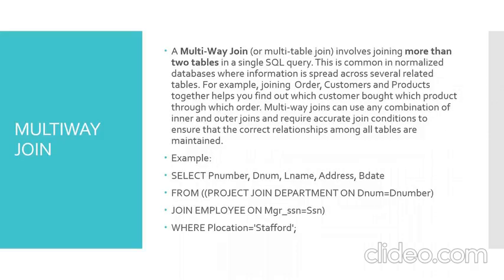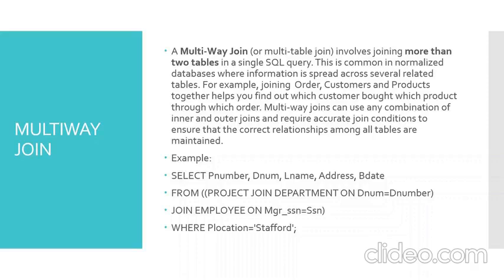This is multi-way join. A multi-way join, or multi-table join, involves joining more than two tables in a single SQL query. This is common in normalized databases where information is spread across several related tables.